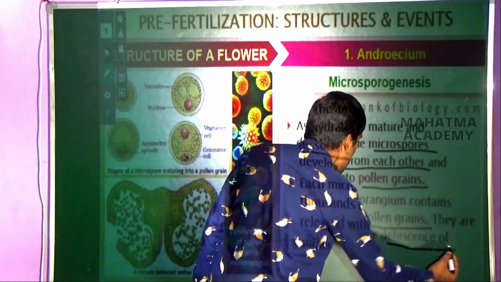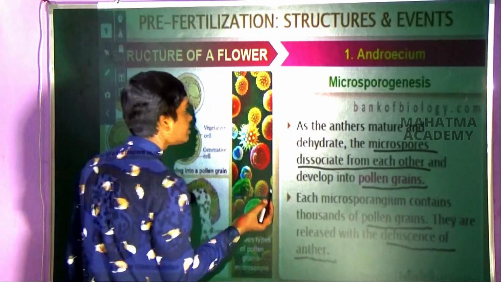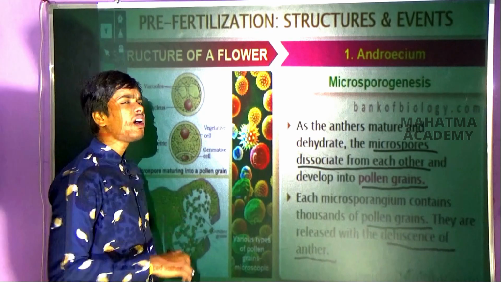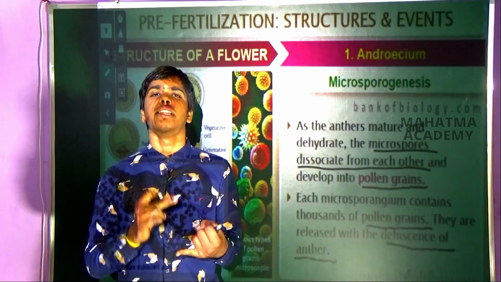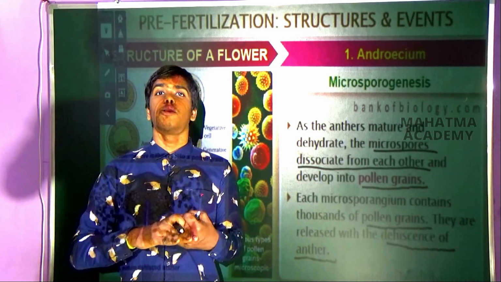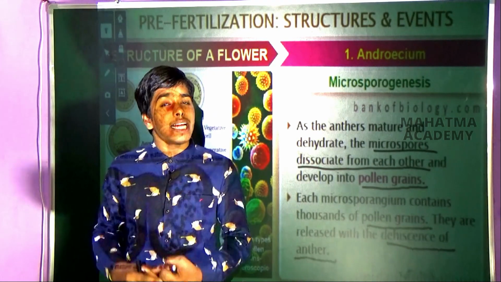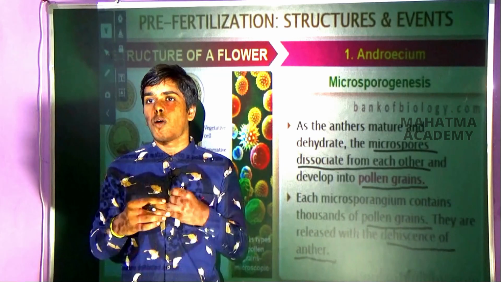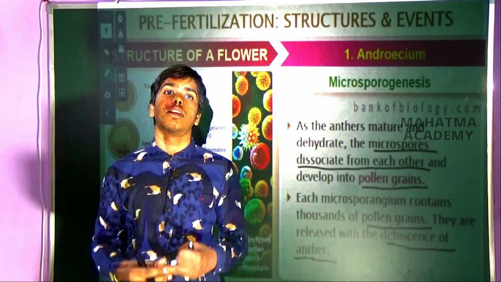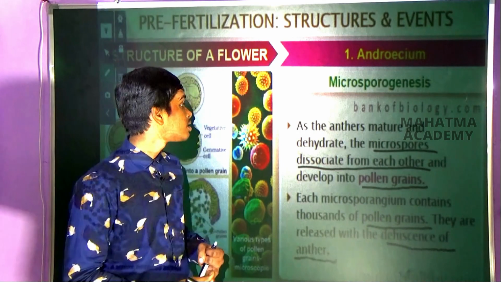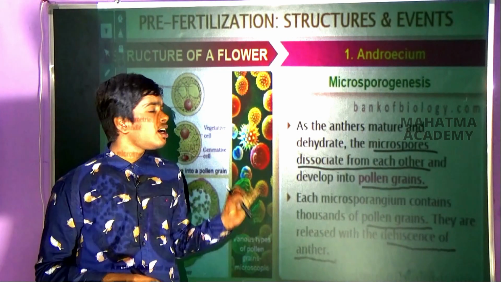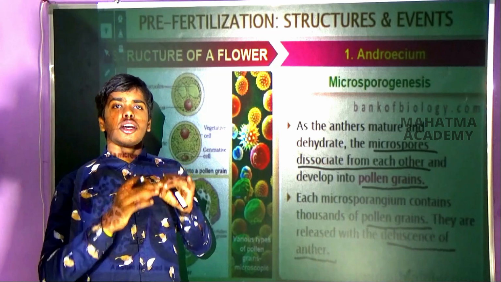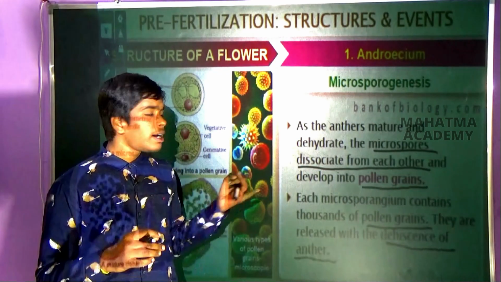So first, at the younger stage, they contain sporogenous tissue. Sporogenous tissue gives rise to sporogenous cells. Sporogenous cells form microspore tetrads. Microspore tetrads form microspores. Microspores dissociate and form pollen grains.